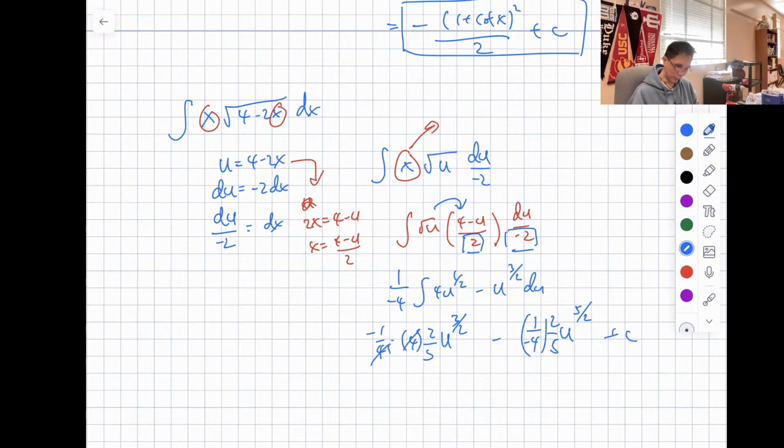So this 4 cancels out. So it'll be -2/3 of (4 minus 2x) to the 3/2 plus 1/10 of (4 minus 2x) to the 5/2 plus c. Did I do something wrong?